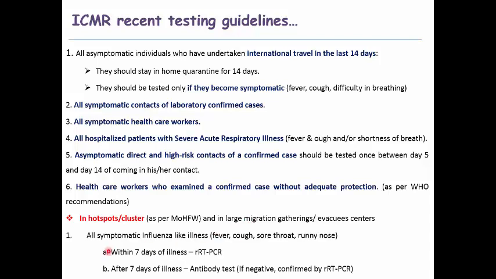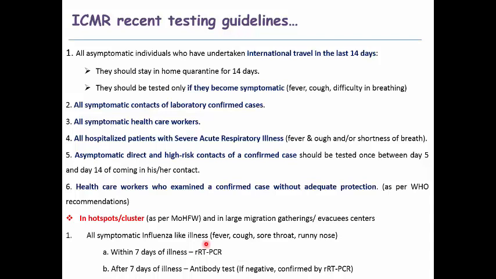they asked all symptomatic patients with a history of ILI, that is influenza-like illness, history of fever or cough, sore throat or runny nose, with these symptoms within 7 days, then they must be tested by the RT-PCR method that we will see in the later part of the presentation.